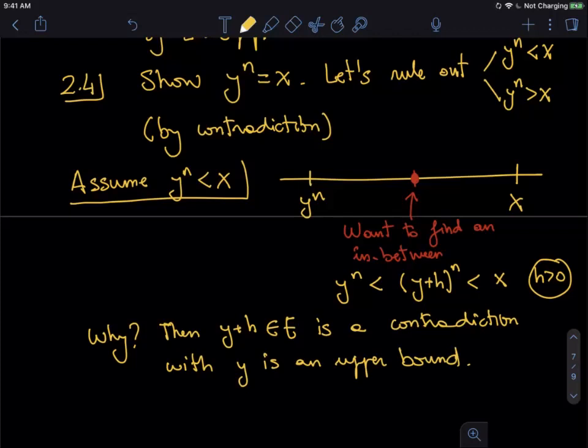You see, because automatically we will have an element y plus h that is bigger than y, but that is bigger than the upper bound, okay? So that would be the problem.